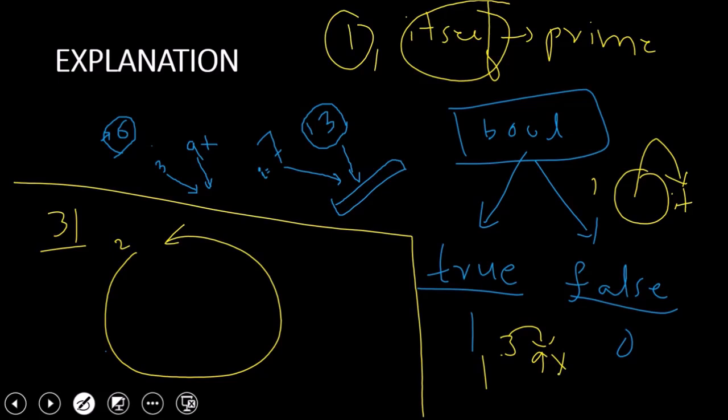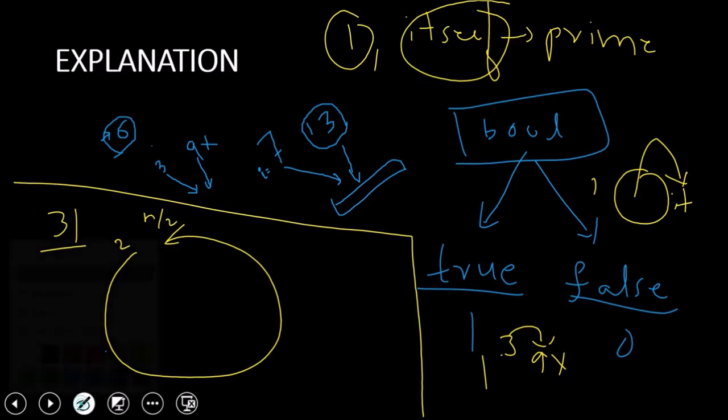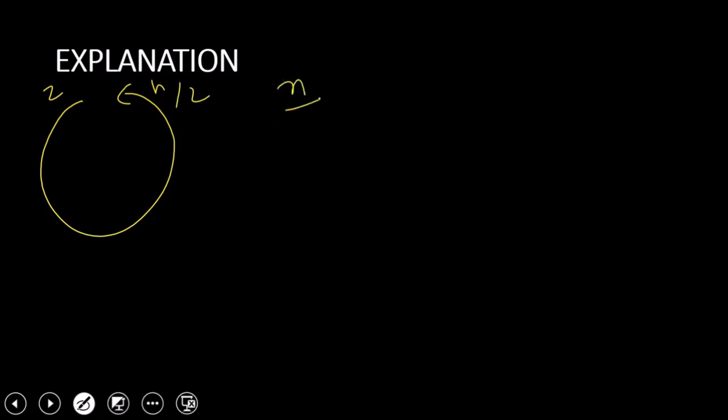So we are looping from 2 to n by 2. Sorry, we are looping up to n by 2. Why we are looping up to n by 2 is because, again, I'm going to erase all these things. So we are looping from 2 to n by 2, where n is any number for which we have to check the prime.